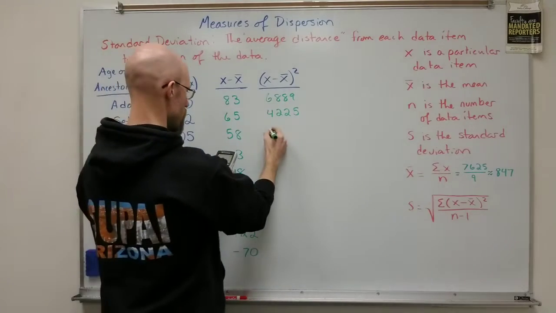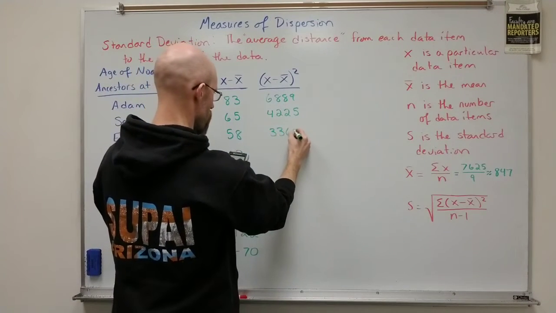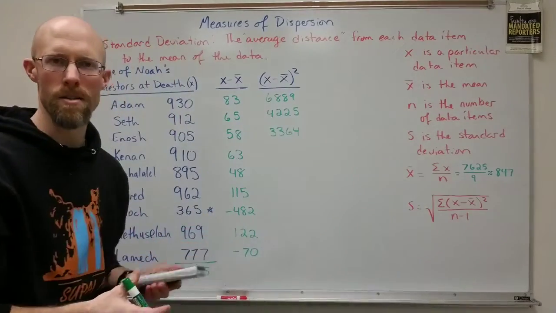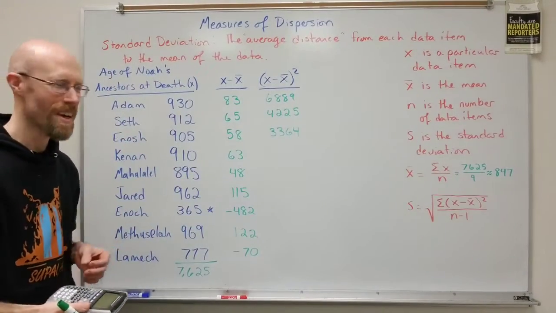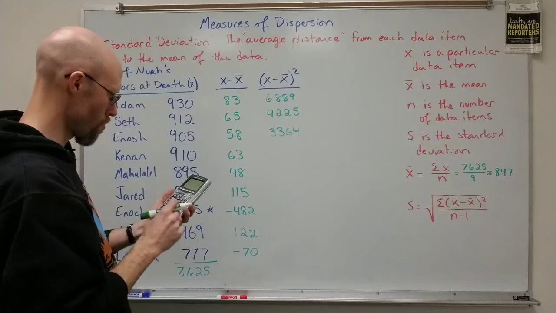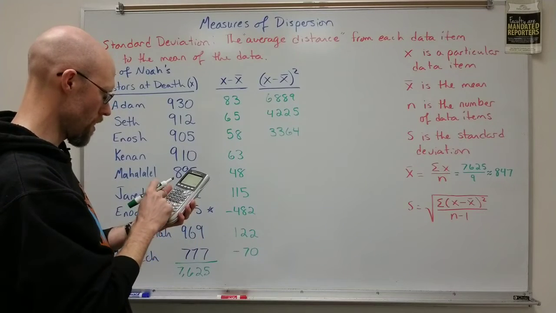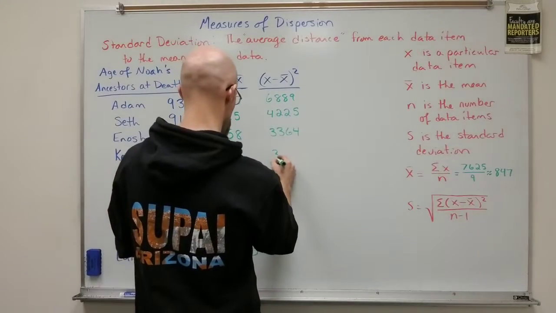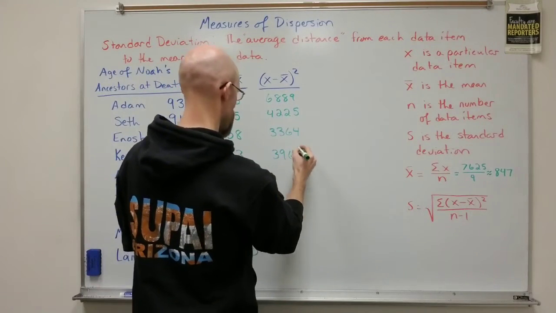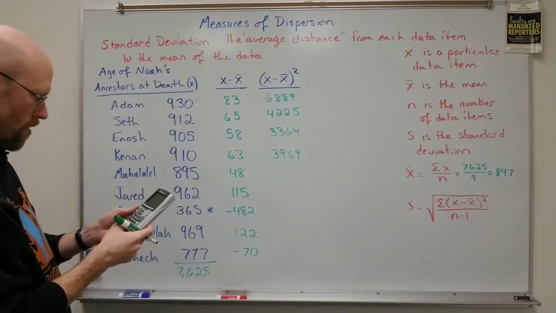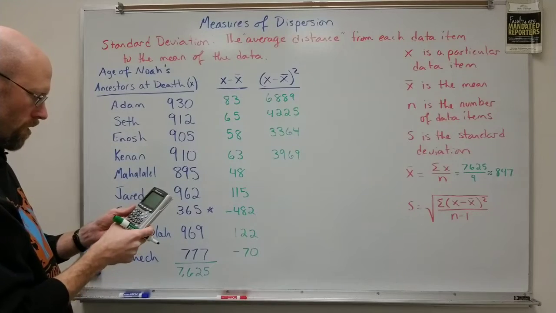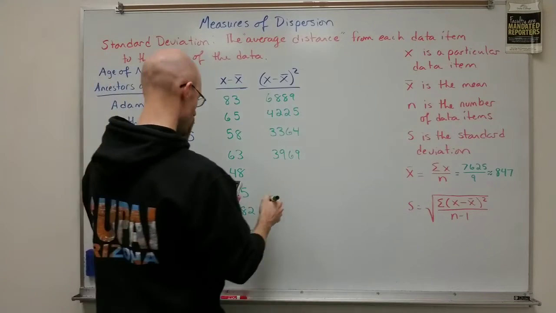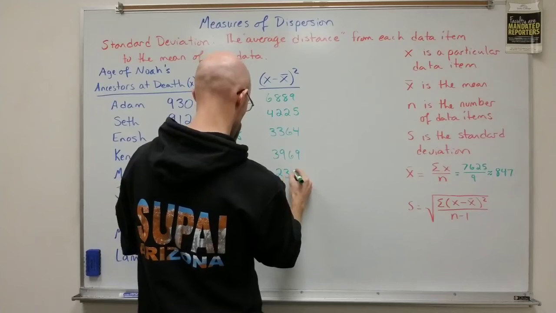And of course, the examples you guys have when you're doing your homework, or if I give you a test, you're not going to have numbers quite this big, okay? Things are going to be a little bit smaller, nicer to work with. In fact, maybe in the next video I'll do one that is a little bit nicer in terms of doing the calculations. 48 squared is 2304.